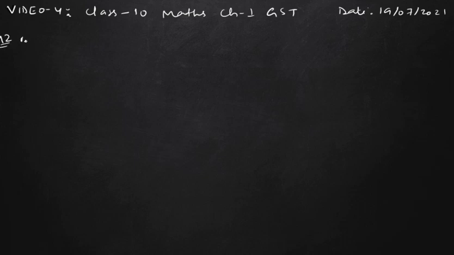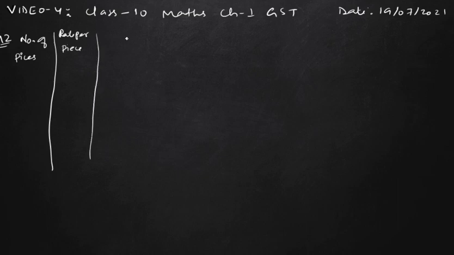The number of pieces, then we have the rate per piece, after that we can find the total cost, total cost in terms of rupees.